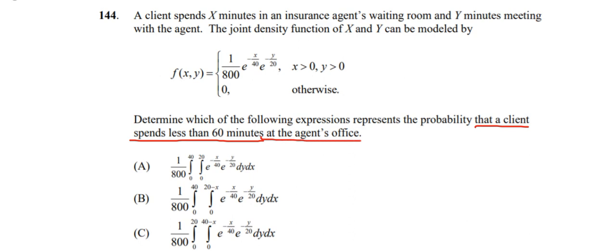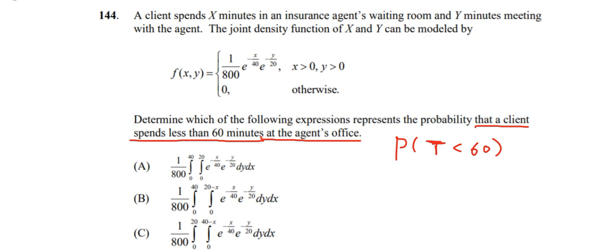So we want to find this probability, time less than 60 minutes, right? So what is the variable for total time?